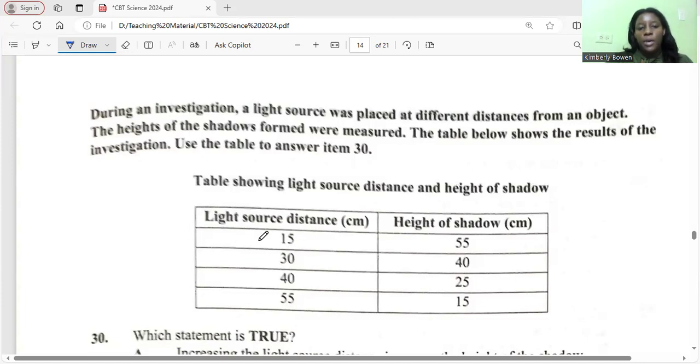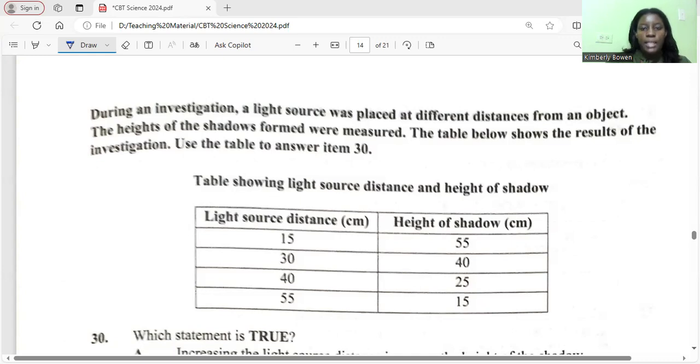For the light source distance of 15 centimeters, the shadow is 55 centimeters. For 30 centimeters, the height of the shadow is 40 centimeters. For 40 centimeters, we're seeing 25 for the height of the shadow. And for 55 centimeters, the height of the shadow is 15.